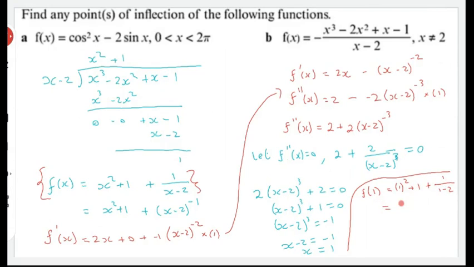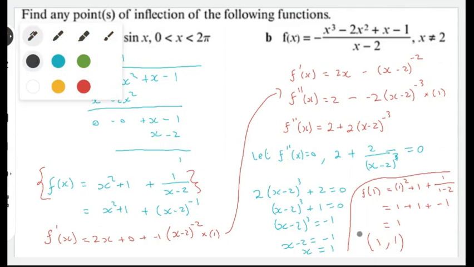And that equals 1 plus 1 and then plus 1 over 1 minus 2 is 1 over minus 1, which is minus 1. And then that becomes just 1. So my coordinate of my point of inflection for this one is 1, 1. And that is our final answer.